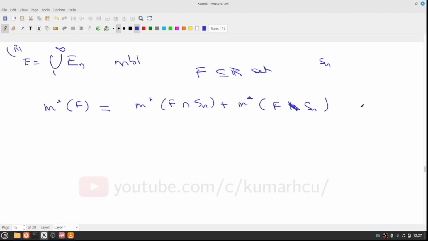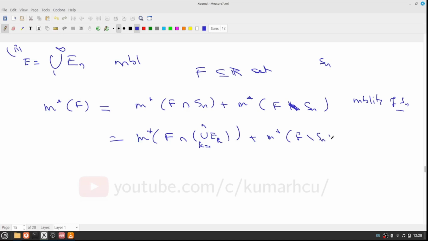This is because of the measurability of Sn. But again, remember we proved this for Sn: this is m star of F intersection the union of k equal to 1 to n, plus m star of F minus Sn.